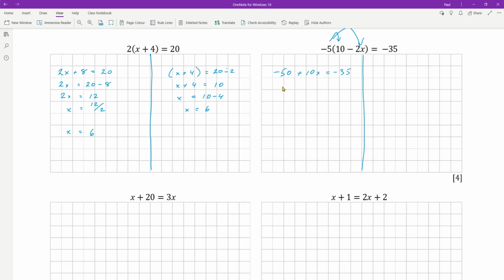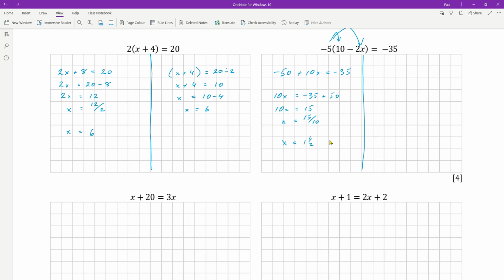Now let's shift that negative number to the other side, so that will make it positive. So 10x is equal to minus 35 plus 50, so 10x is equal to 15. X will be equal to, that's times by, so the other side will be divide by, so x will be equal to 1.5, or 3 over 10.